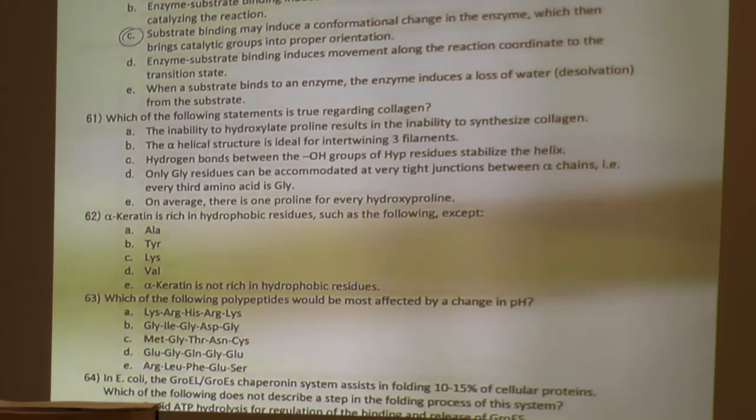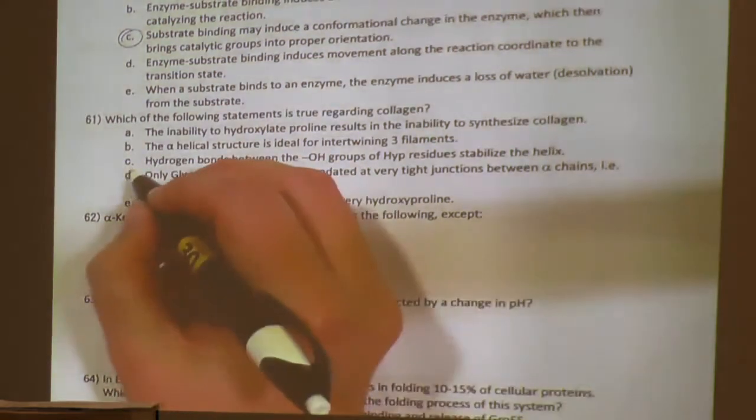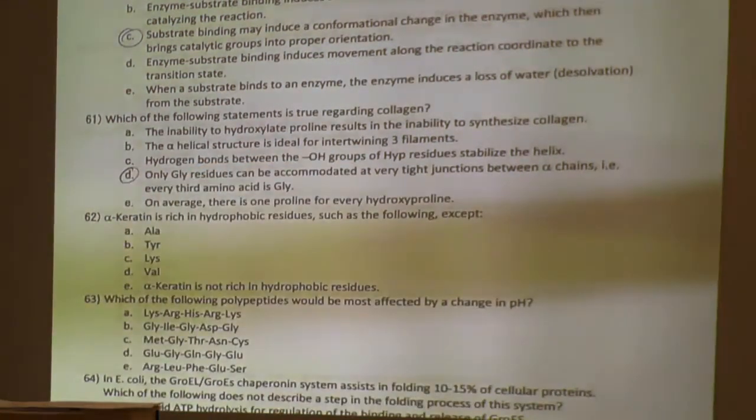It's going to be D. Only glycine residues can be accommodated at very tight junctions between the alpha chains, i.e. every third amino acid is glycine. Why is glycine able to be accommodated at very tight junctions? It's very small and very bendable. It doesn't have an extra R group. It's the simplest amino acid.